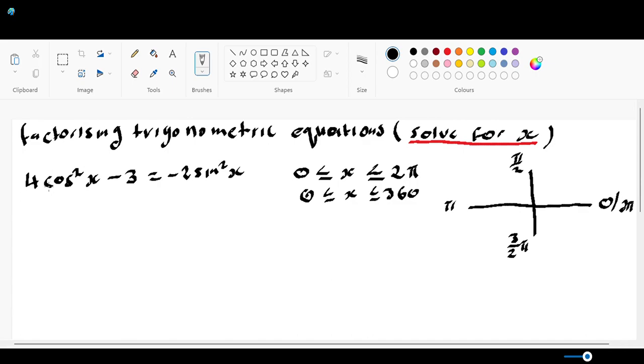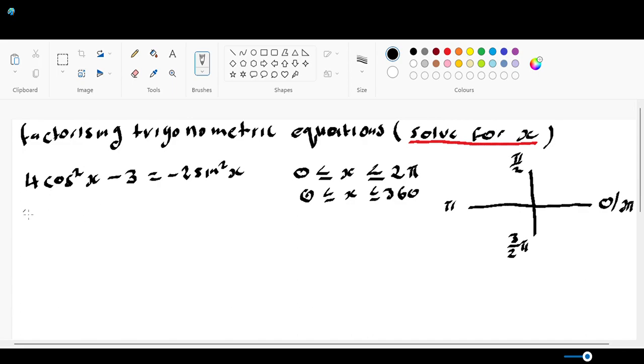Now let's look at our problem right here. We have 4 cos squared x, and we also have sine squared x. You can change one of these, but I would rather change cos squared, because you can change it by using the square identities.